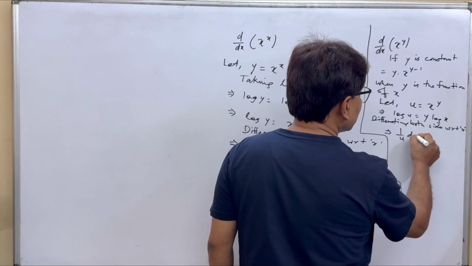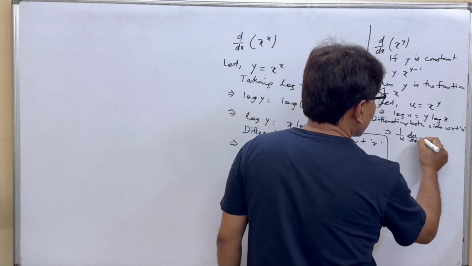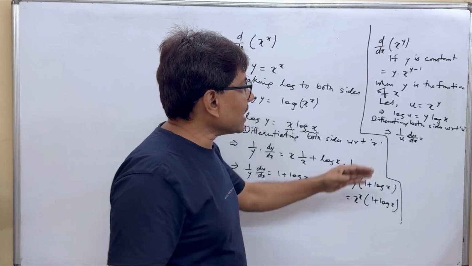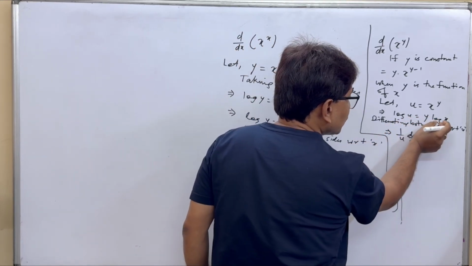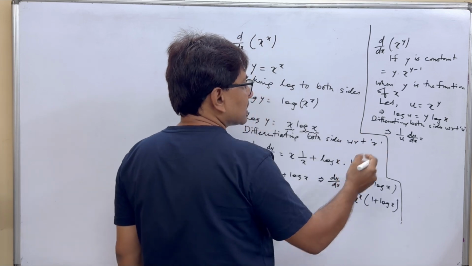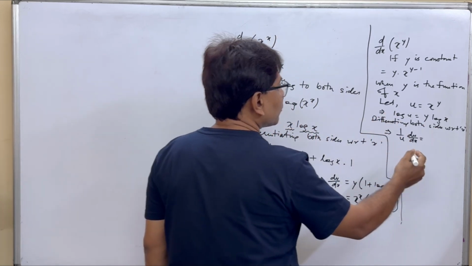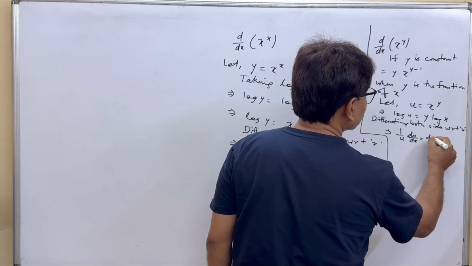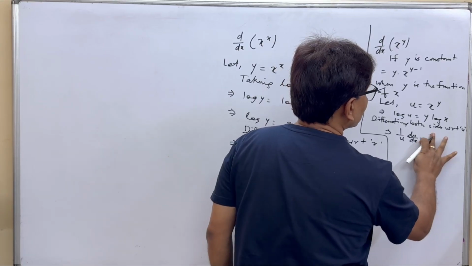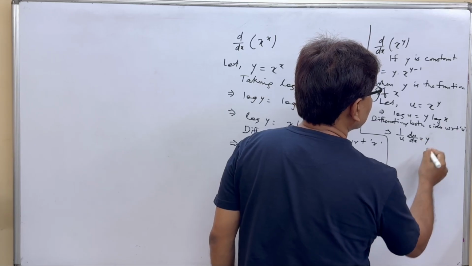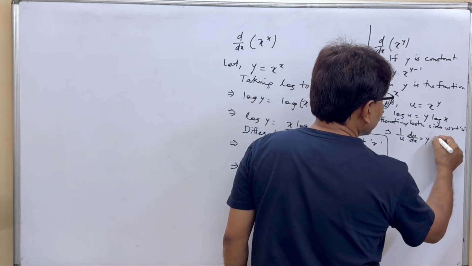On the other side, this is in uv format: y is u, log x is v. So we get d/dx of y, that is dy by dx. In the product format, first you write y, and d/dx of log x means 1 by x.